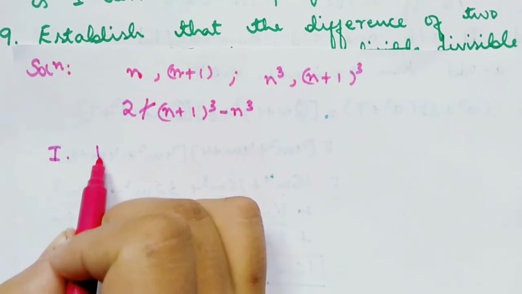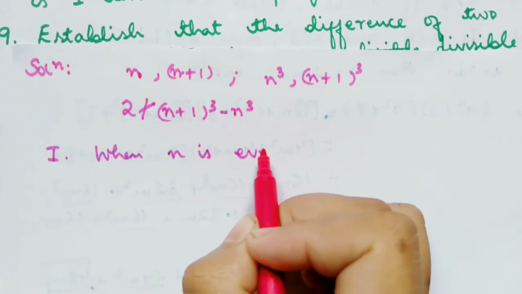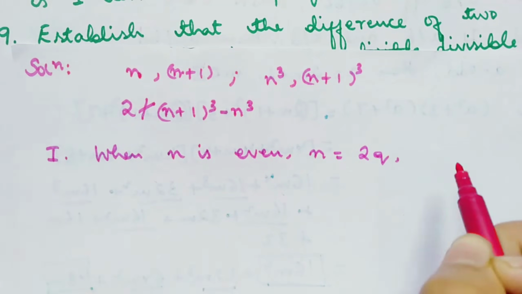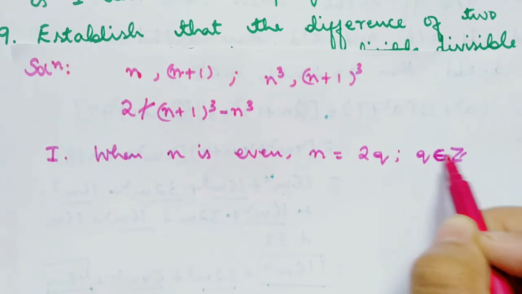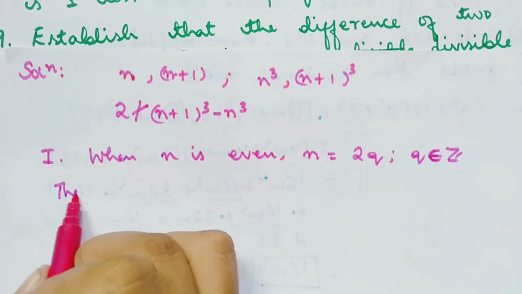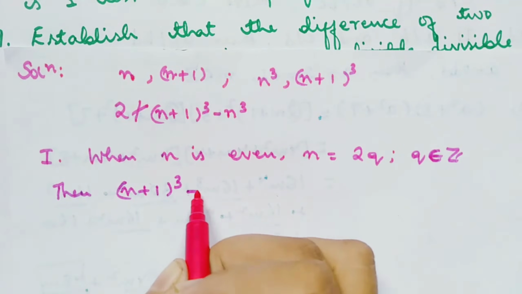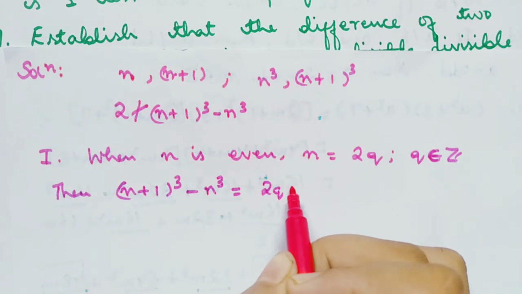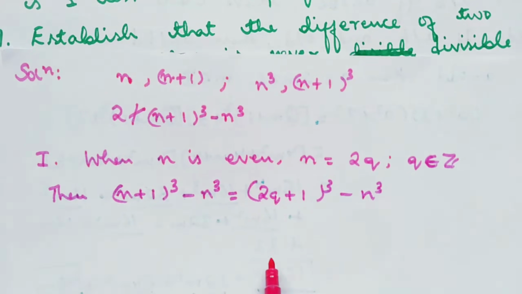First case, when n is even, we can write n as a multiple of 2, n equals 2q for some integer q. Then what do we have? (n plus 1) cubed minus n cubed is equal to (2q plus 1) cubed minus n cubed.